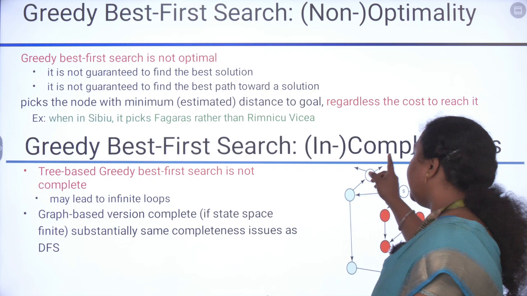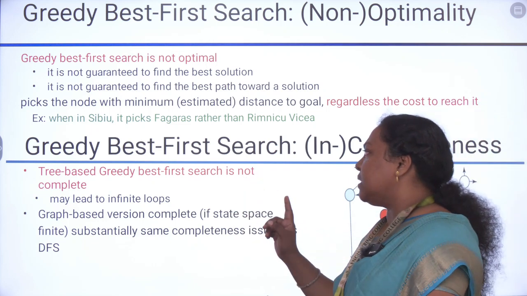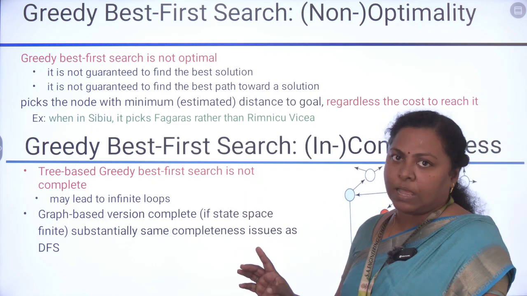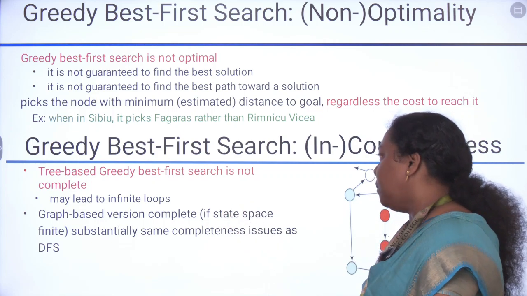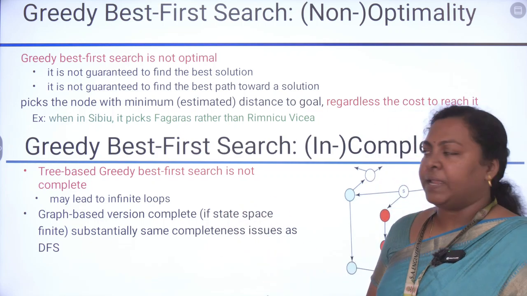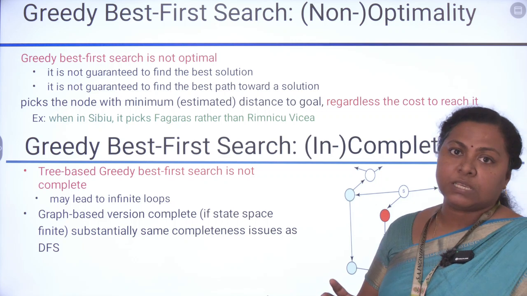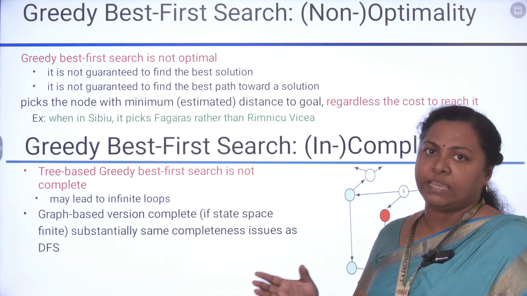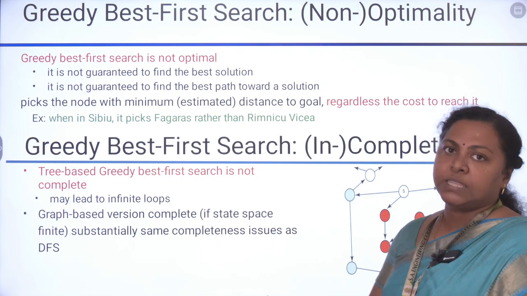Likewise, in the incompleteness, tree-based greedy best first search is not complete as there is an infinite loop. Graph-based can be complete depending upon the completeness issue which is relevant to the DFS. DFS is nothing but the depth first search.